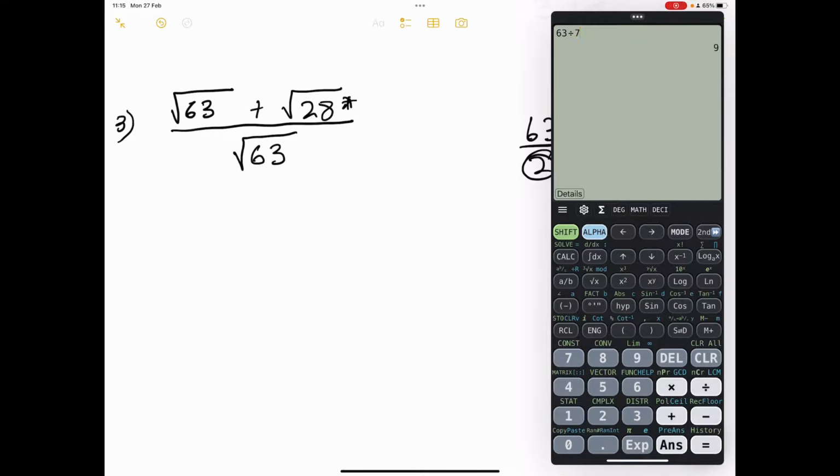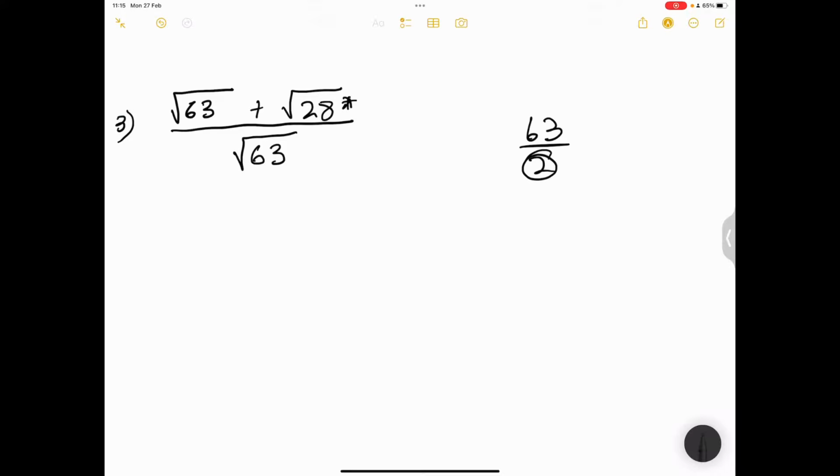That gives me 9. Can you see? So it means I can now break this down to 9 multiplied by 7, 9 being a perfect square and 7 being a prime number. And 28 would give me 4 multiplied by 7.